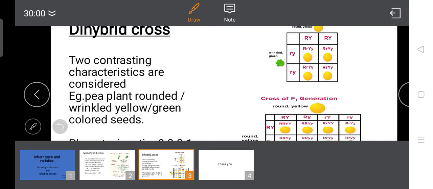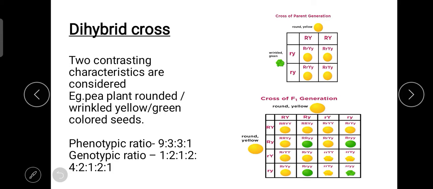During this experiment, gamete formation takes place when it is crossed. In the formation of the P1 generation, that is nothing but the parent 1 generation, the pair of gametes separated independently, that is in the form of capital R and capital Y, or small r and small y.